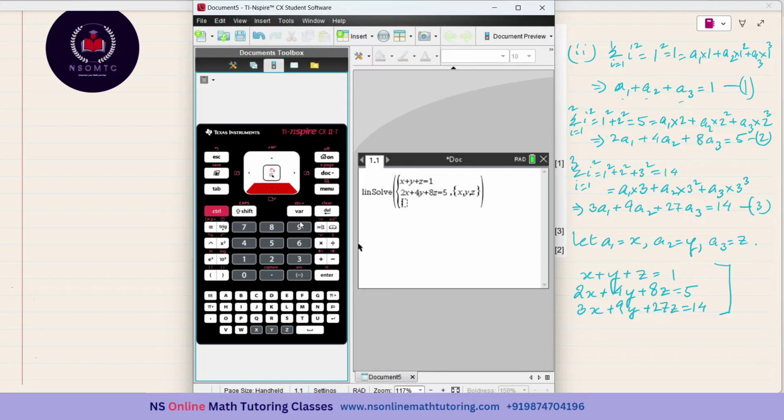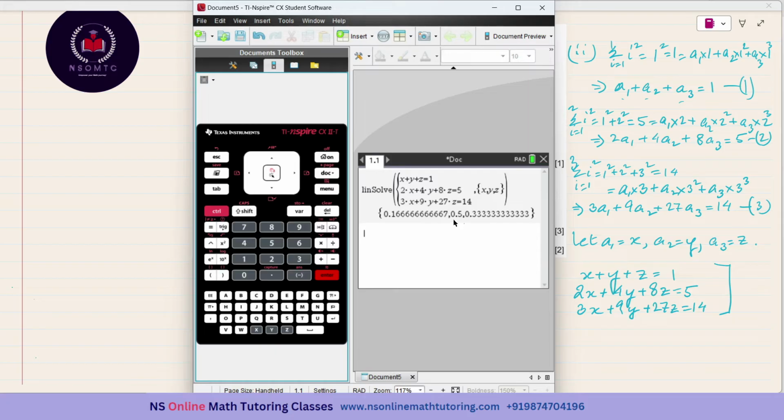Come down, 3x plus 9y plus 27z equal to 14. And I come out of the parenthesis and I press enter. Let me press control enter because I was doubtful about whether the answers will be in decimals or will be integer values. And we are seeing the answers are in decimal numbers.